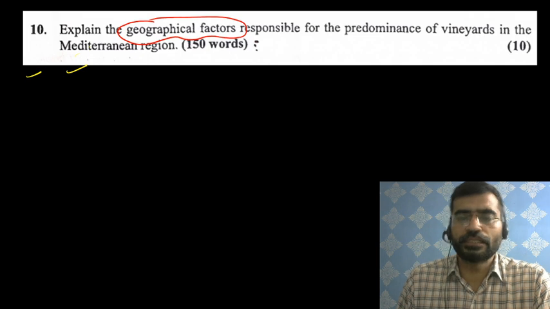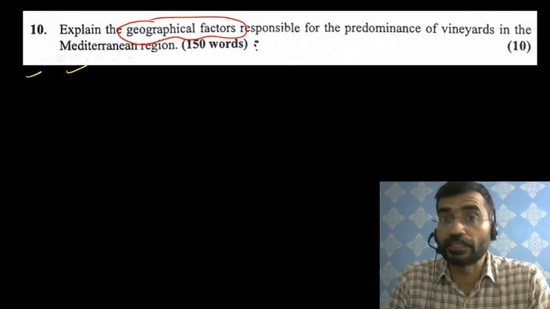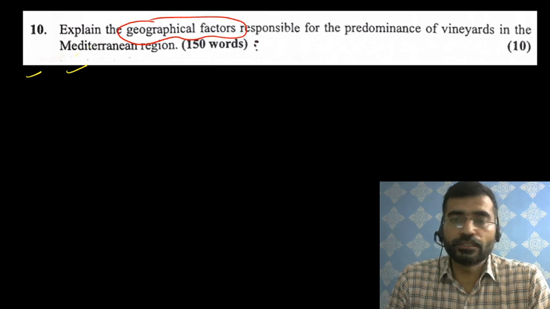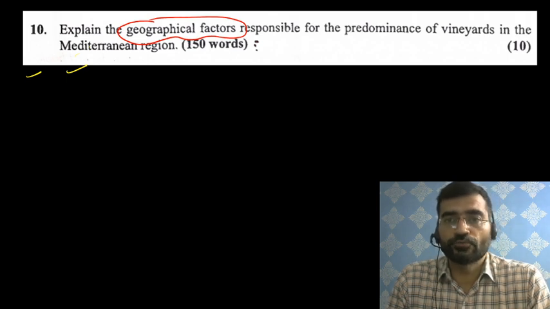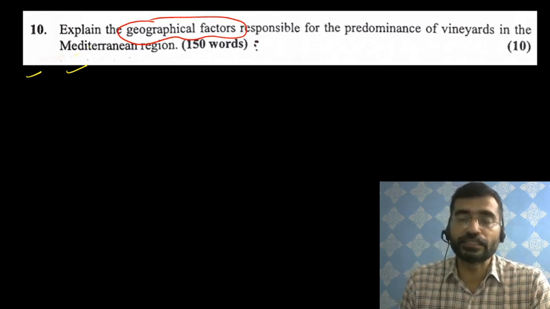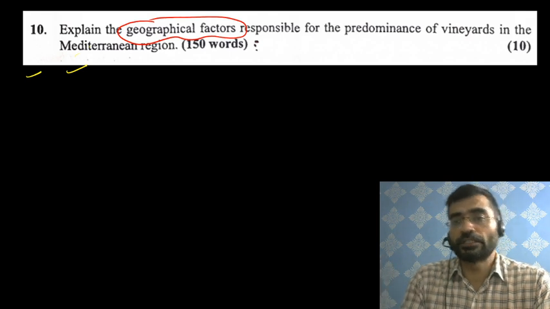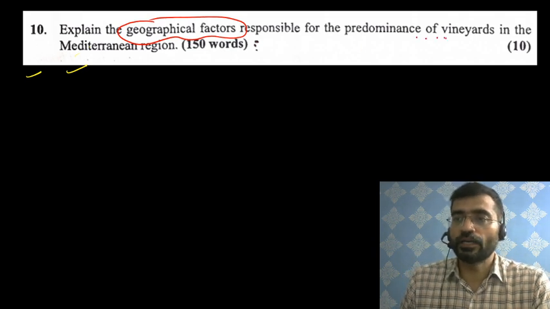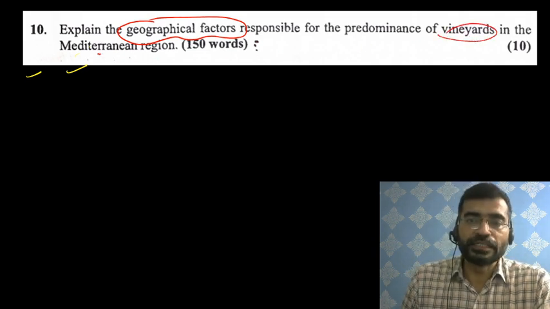Geographical factors may be climatological factors, or geomorphological factors like mountains, their slope, their orientation, even the conditions of soil. So you have to write all about these. Again, vineyards in the Mediterranean region.